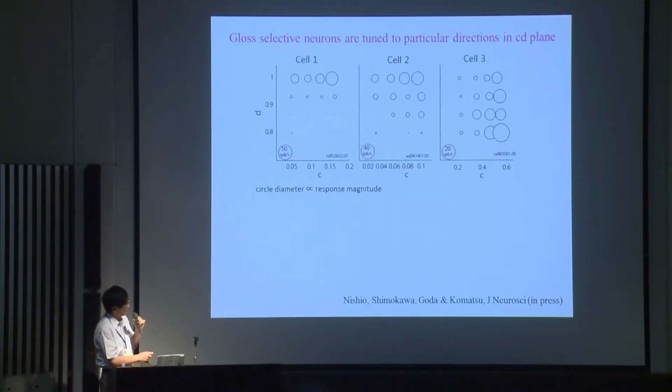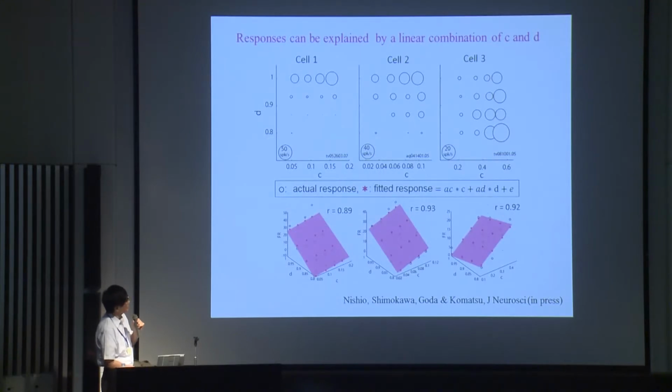Also, it seems that the responses are represented by a linear combination of c and d. So we tried to fit the neural responses by this equation. This figure shows the relationship between the actual response, indicated by circles, and the response fitted by this equation, indicated by asterisks, and the magenta indicates a fitted plane.